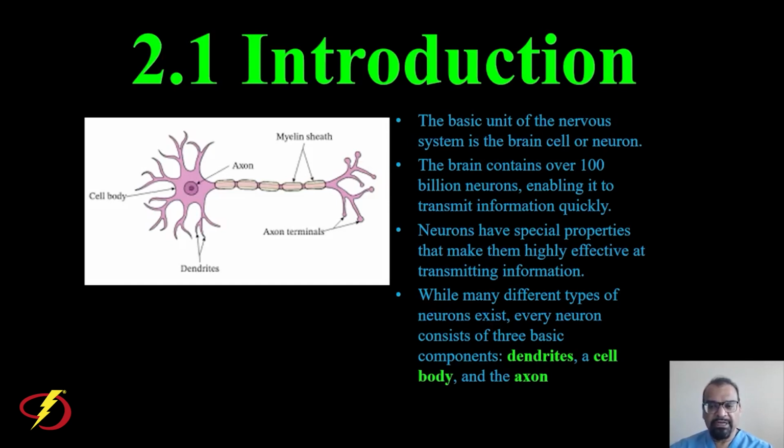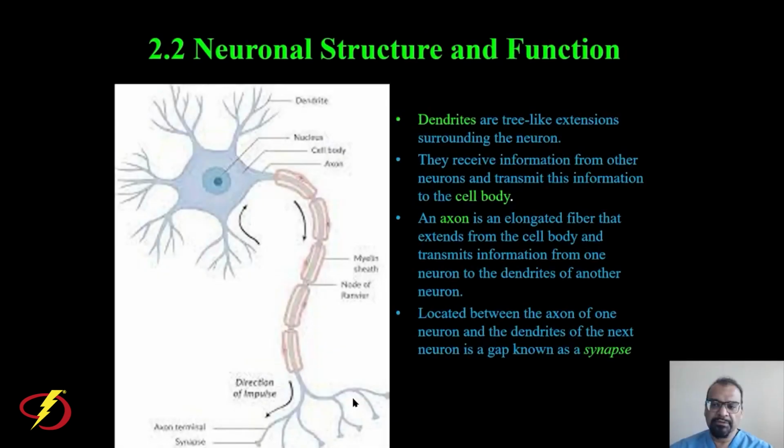While there are many different types of neurons in the nervous system, every neuron has three basic components, and that is these branch-like projections called dendrites, a cell body, and this tail-like projection called an axon. So again, these dendrites are tree-like extensions extending off the cell body, and here's the axon. So essentially, cells receive information through the dendrites and transmit it through the axon.